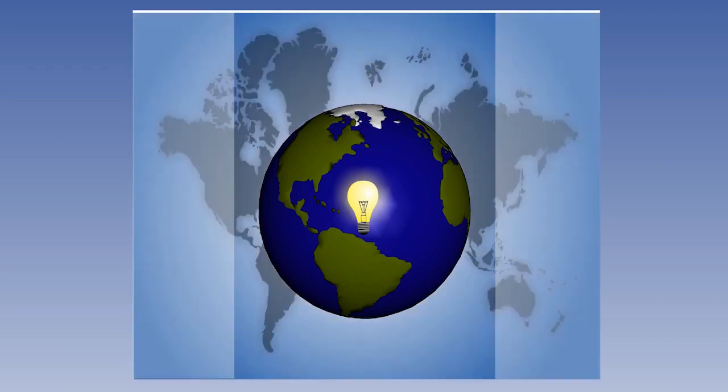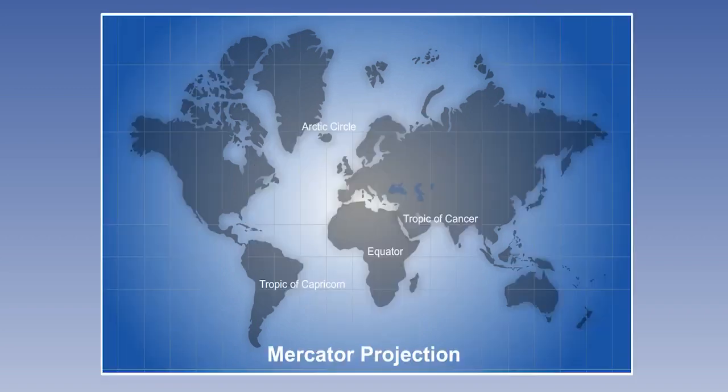You will notice that the shapes look too long and thin in their present form, and the scale is obviously not correct as we move away from the equator. But this was corrected later. The simple cylinder forms the basis for a projection that has been one of the most widely used ever. It is called the Mercator projection, and is still in use today.